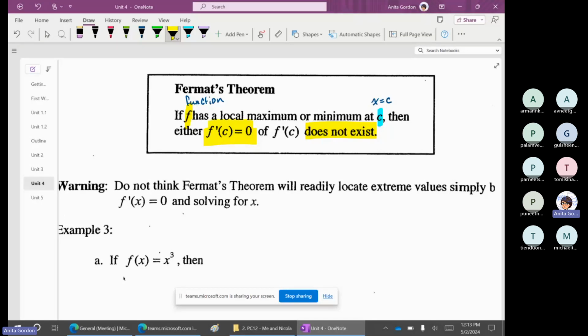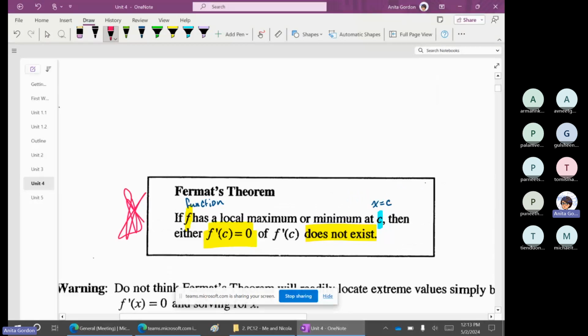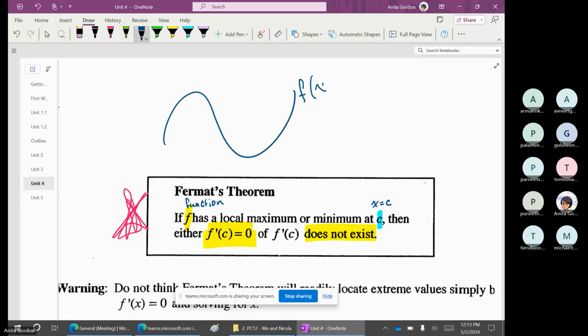Okay, so again, repeat this. This will carry us through 90% of this unit. Basically, what it's saying is if you have a function, here's f of x, and at x equals c, you have a local max or min, then the derivative at that point must be 0.